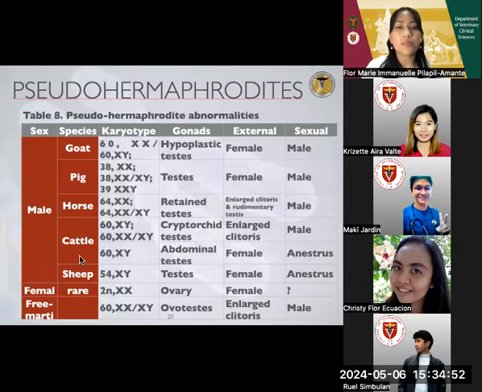Enlarged clitoris, but still the sexual behavior would be exhibited as male. Okay, for the cattle, we have cryptorchidism or abdominal testicles, the presence of an enlarged clitoris, and a small rudimentary vulva, but the sexual behavior being exhibited is male, or not exhibiting estrus.